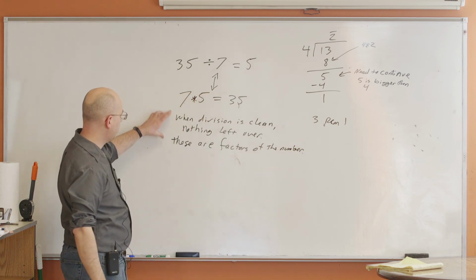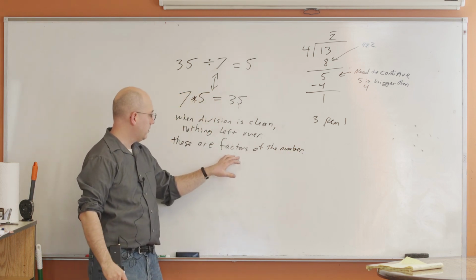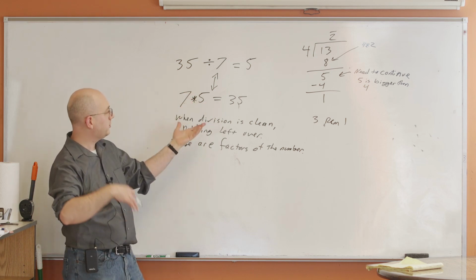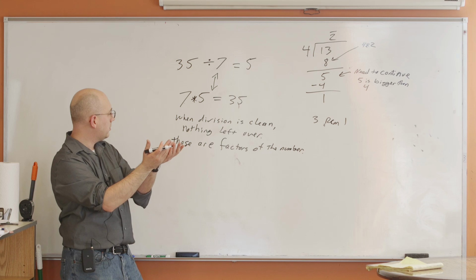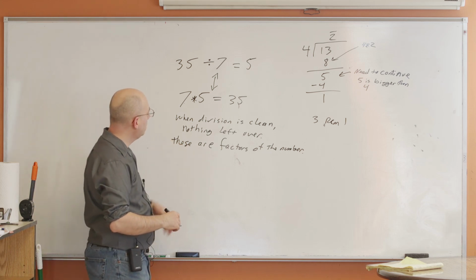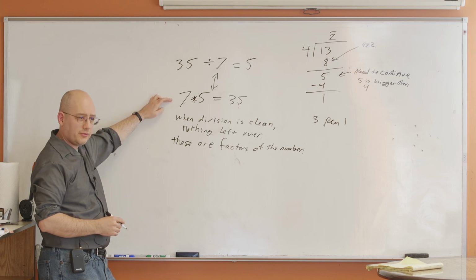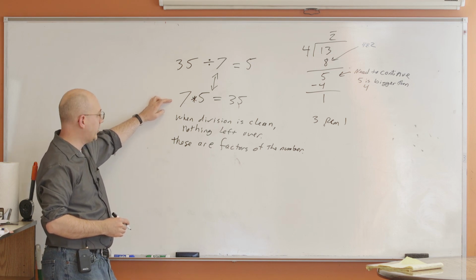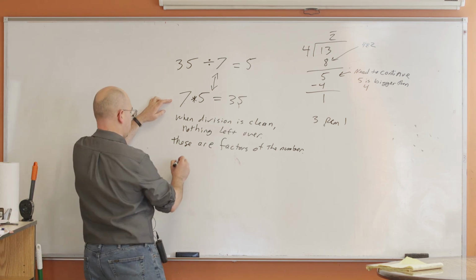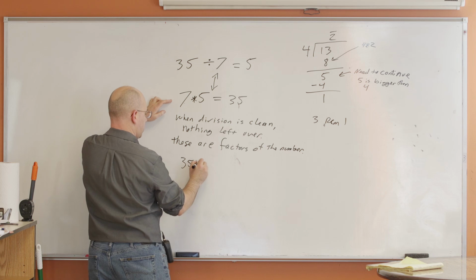So factors are basically anything that divides cleanly into the number, or that you can multiply by some other number to get that number. So are there any other factors of 35? Is there anything else we could divide by and get clean division with? Could I divide 35 by 8 and get something nice?